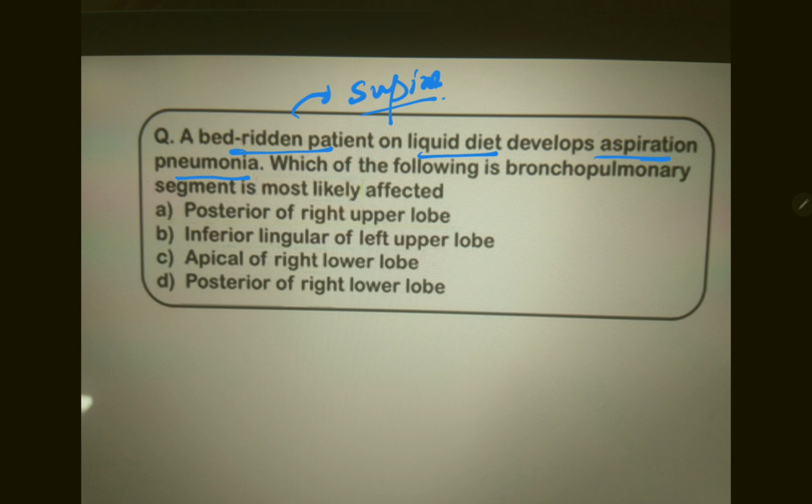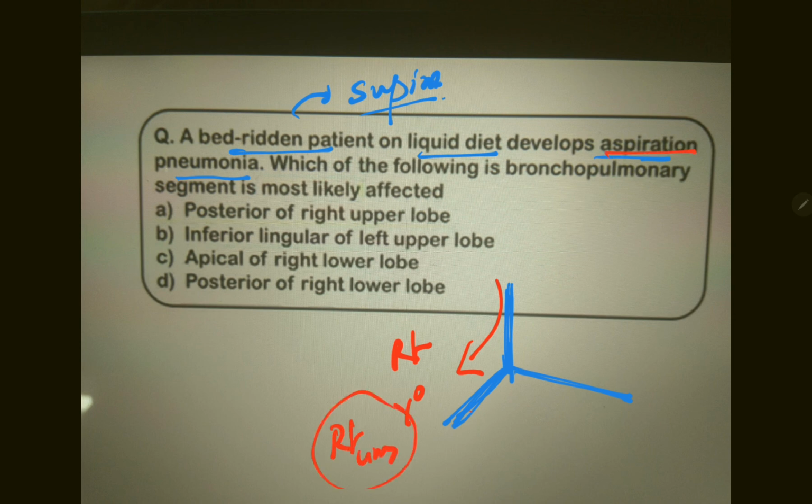Aspiration pneumonia means that during swallowing, the food particles or the liquid go into the bronchus and then to the lungs. Anything within the bronchus easily goes to the right primary bronchus, and then the right lung. That's why the right lung is most affected in aspiration pneumonia also.